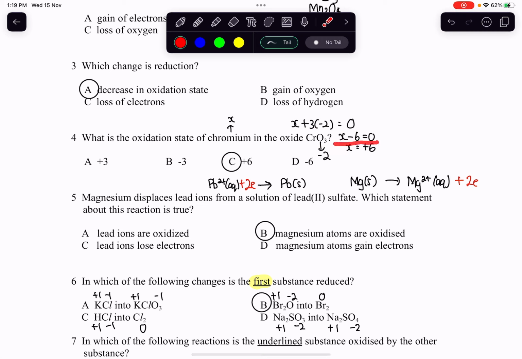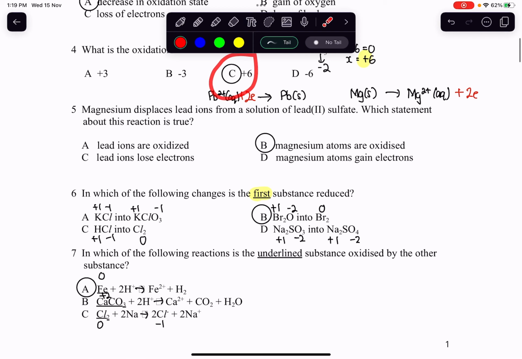Expand it, you get x minus 6 equals 0. You bring over the 6, you get x equals +6. You must add the plus. In oxidation state, you need the plus or the minus. Answer is C.